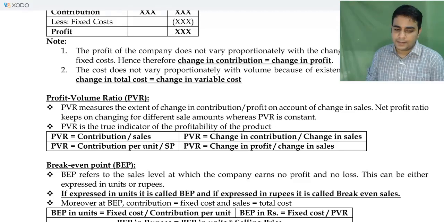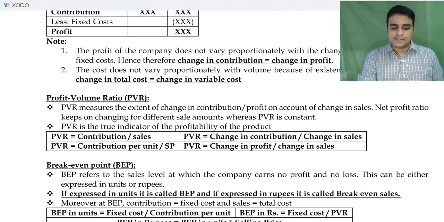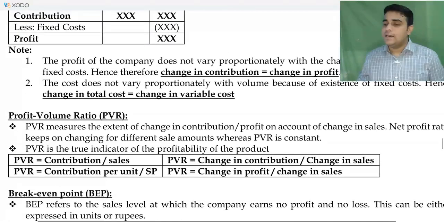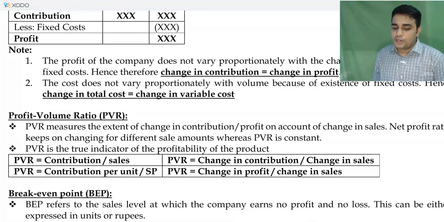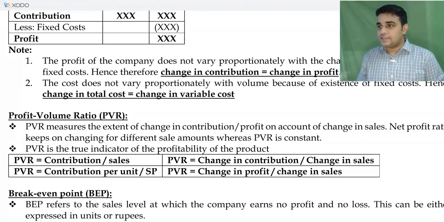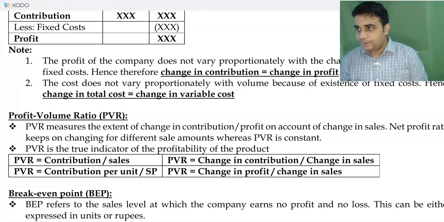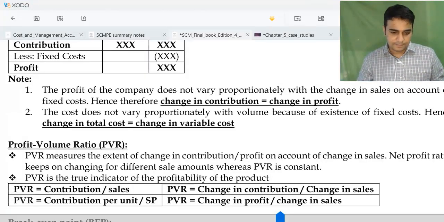Okay, yeah, the formulae are there. PVR: contribution by sales, contribution per unit by selling price, change in contribution by change in sales, change in profit by change in sales. There will be a few more formulae for PVR. I will come to that as we proceed.